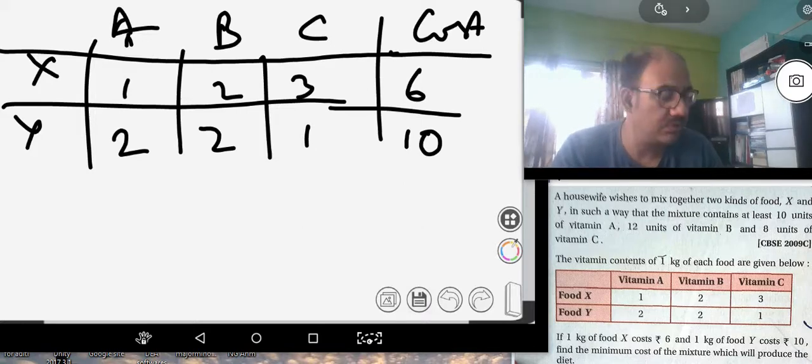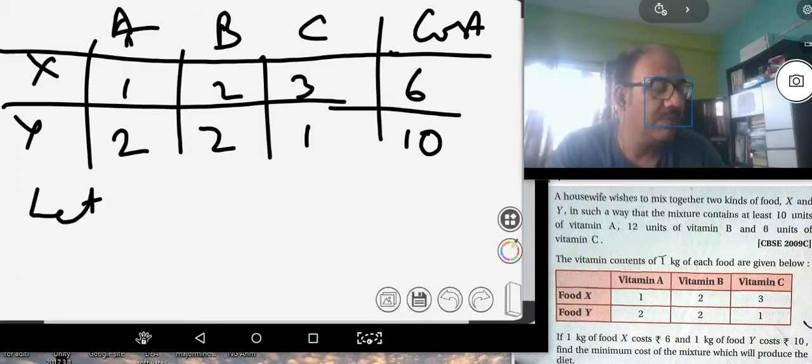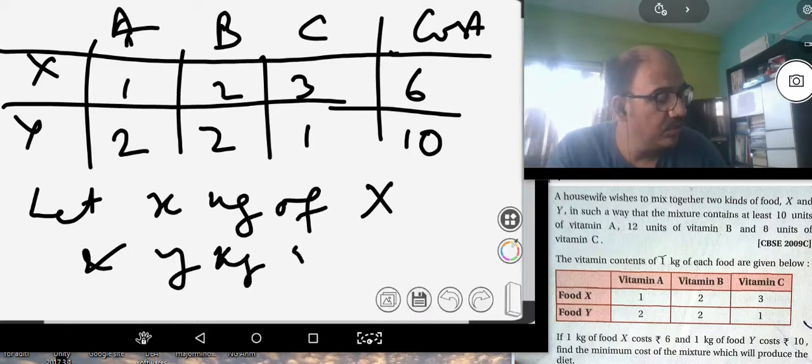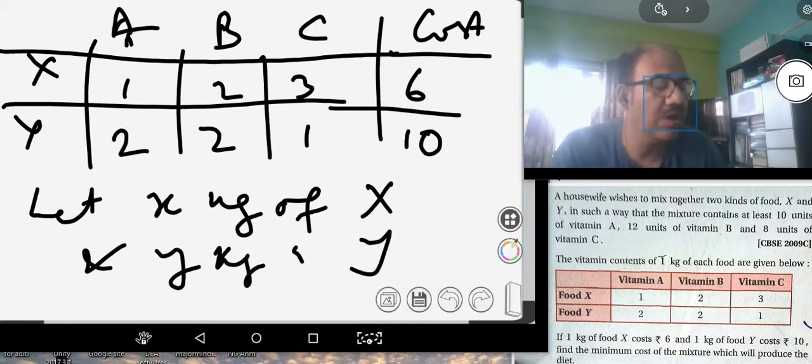So how to solve this question? She will be buying X and Y. Our decision variables will be: let she buy X kg of food X and Y kg of food Y. So these two are my decision variables.